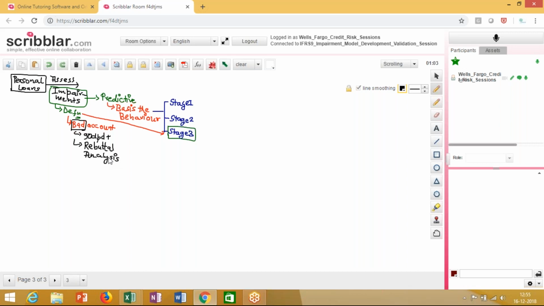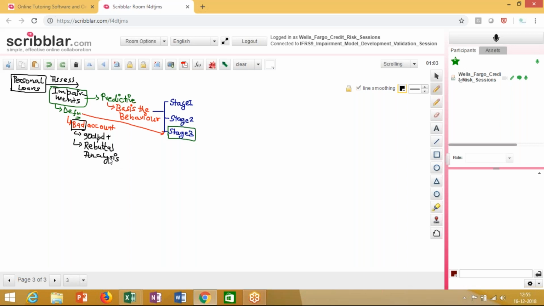Therefore, this regulation must have a part which aligns it to the business characteristics of an organization, of a firm, right?